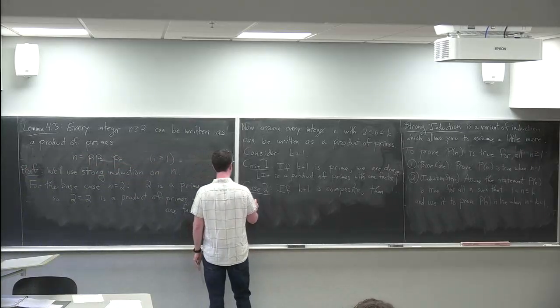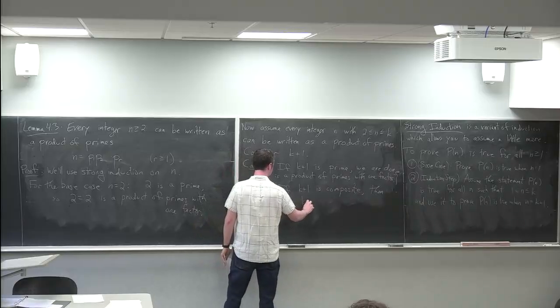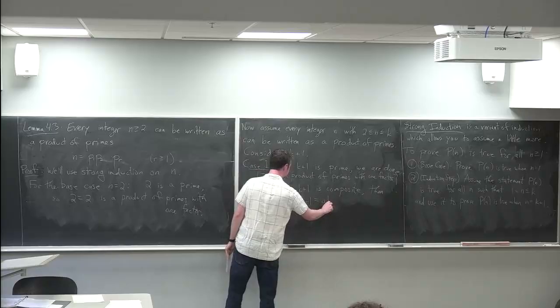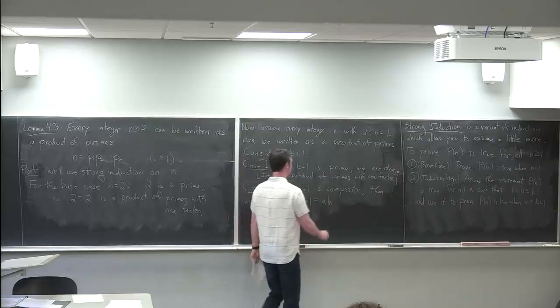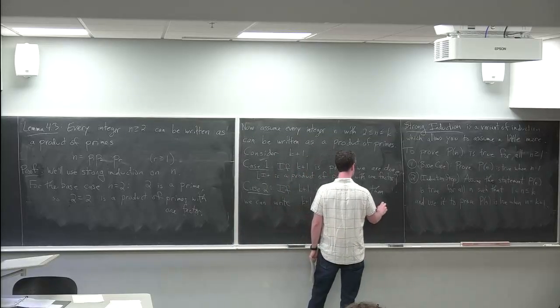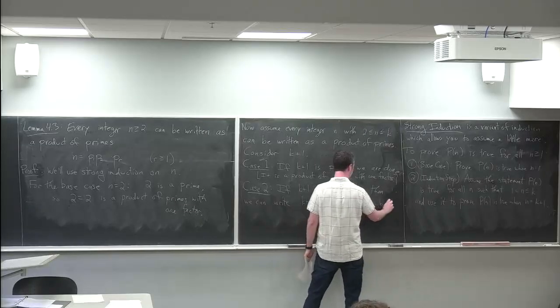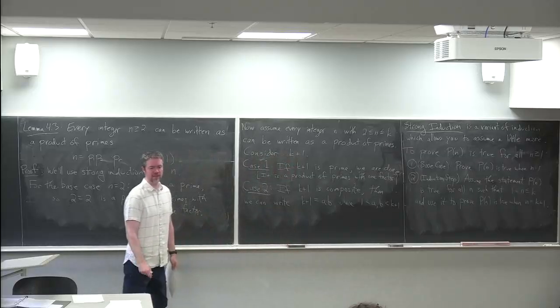So we can write k plus 1 as A times B for two integers A and B, which satisfy the following. So A and B would not be 1, and they would not be k plus 1. They would be strictly in between, and they're integers.